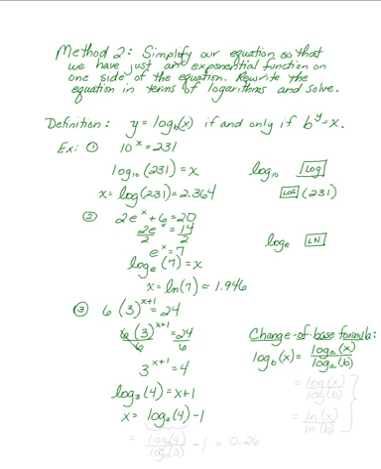Usually we would change this to either log base 10 of x divided by log base 10 of b, or the natural log of x divided by the natural log of b, because these two would be the ones that our calculator can find.